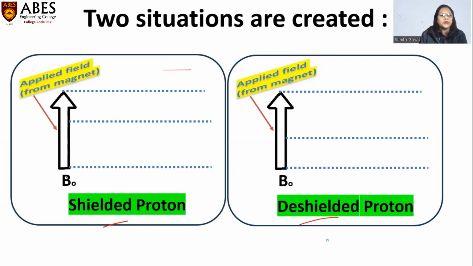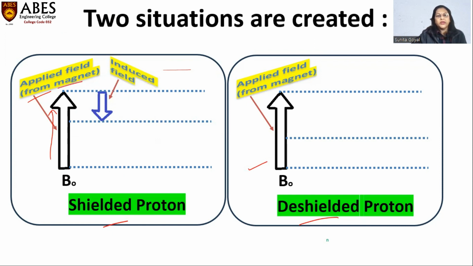Suppose this is the direction of the external magnetic field which we are applying to the molecule through the NMR instrument, from the strong external magnet. Here also this is the same case. But in the case of a shielded proton, the induced field is in the opposite direction.